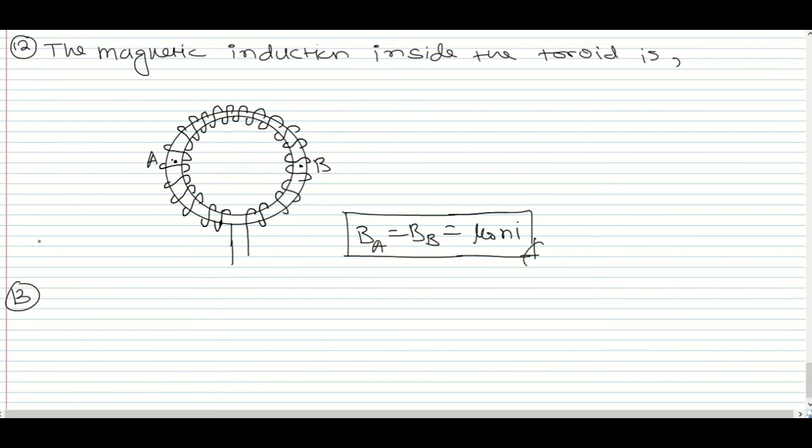Again, do remember magnetic field induction outside the toroid is always zero.